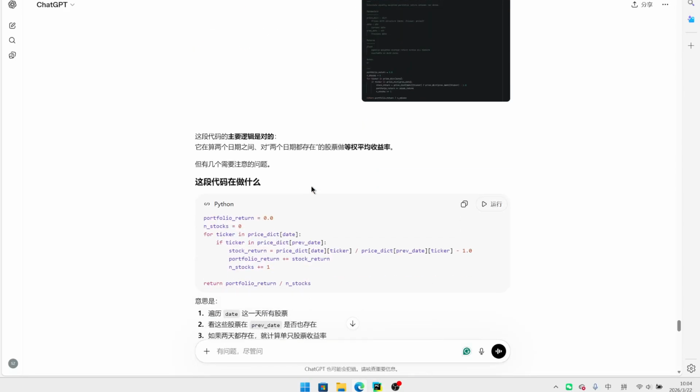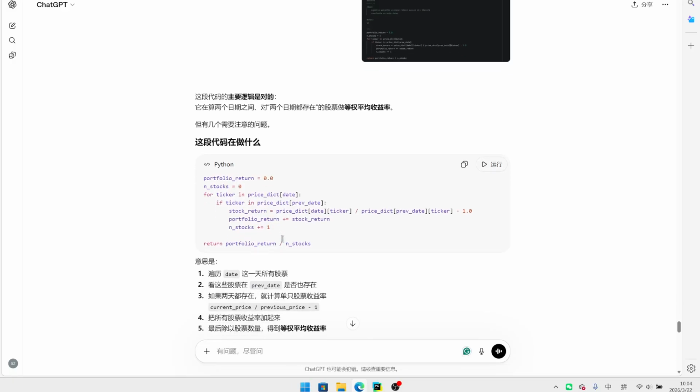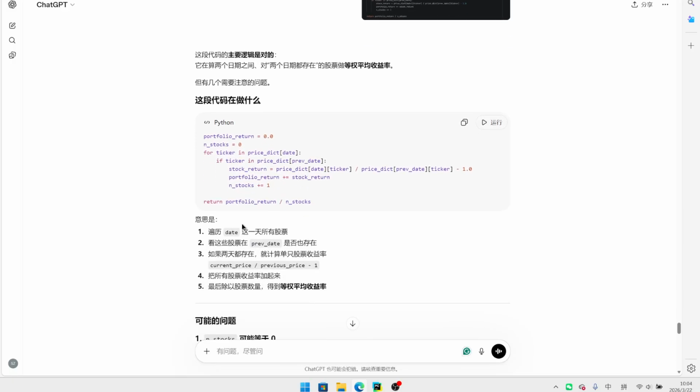So it tells me to return 0 if no ticker. If it exists on both days, we calculate on the one.